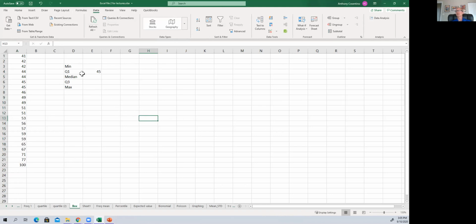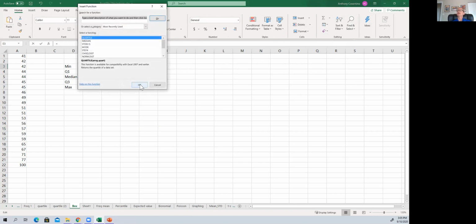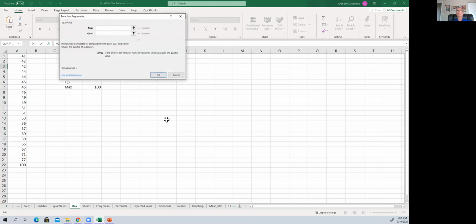So to do these 5 calculations, the minimum is pretty obvious. That's 41, right? Maximum should be pretty obvious too. That's 100. But even if you don't sort it, you can use this function called quartile, here it is, and you get all 5 of those numbers.